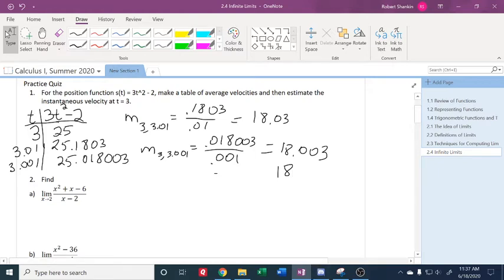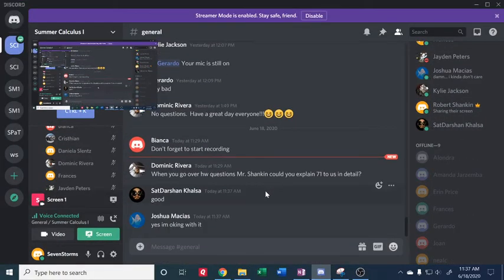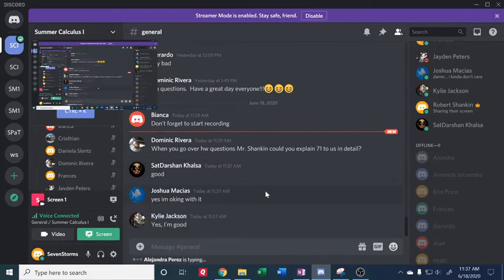Are you okay with this one, where you had to come up with all your points? And again, we could have used 2.99 and 3. It could have been on either side. Everybody good with this? Give me a little bit of feedback in the Discord chat channel.